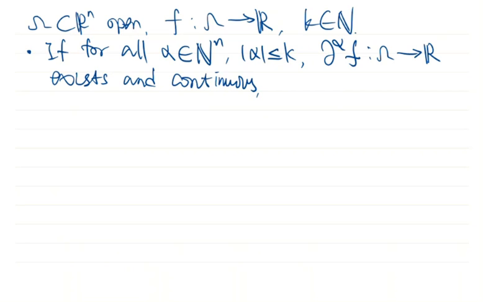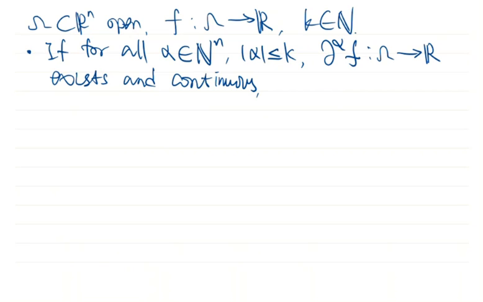Okay, in this case, this condition means that all the higher order partial derivatives of f until order k, the order less than or equal to k, all the partial derivative functions are continuous.